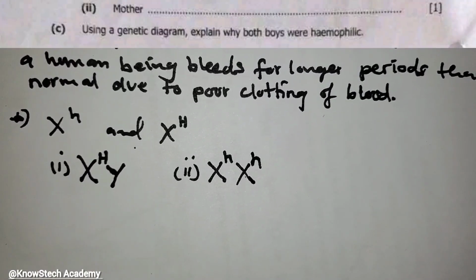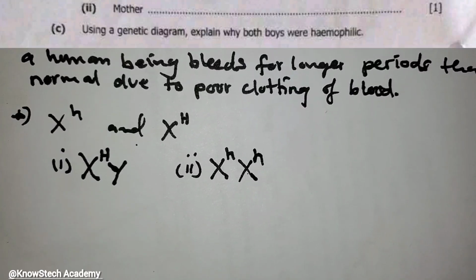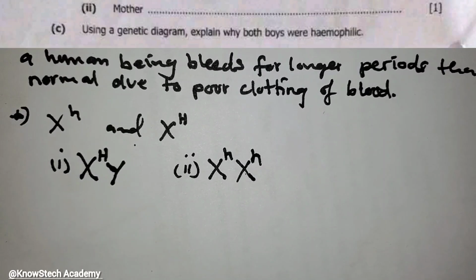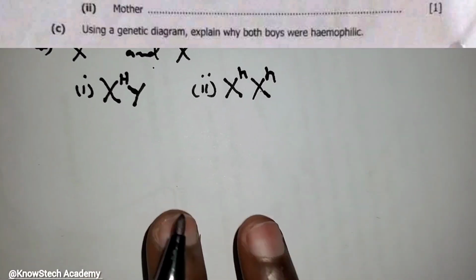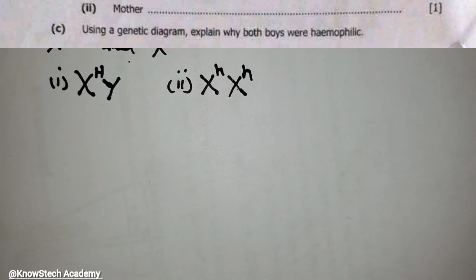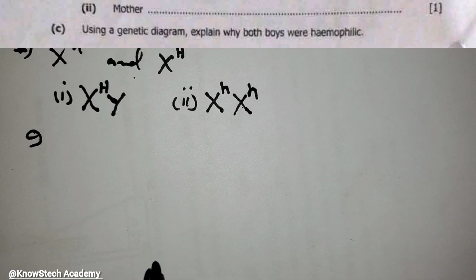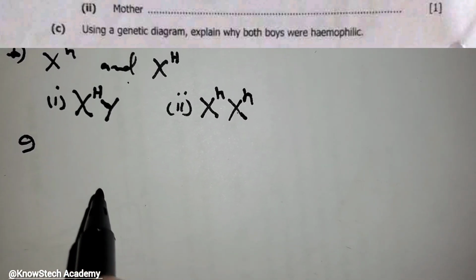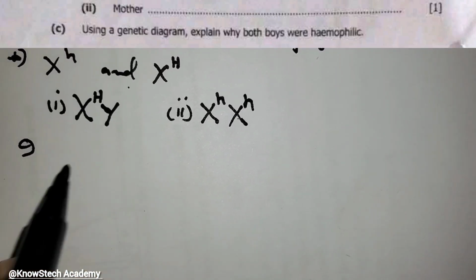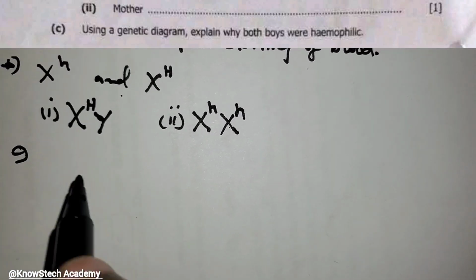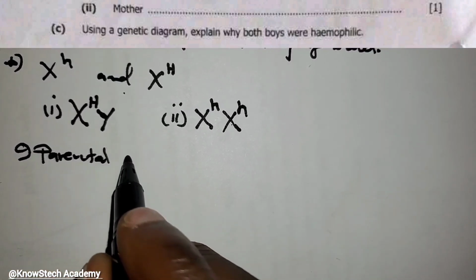Now the next question, question C, they're saying, using a genetic diagram, explain why both boys were hemophilic. This is 6 marks, so we're going to say parental phenotype.